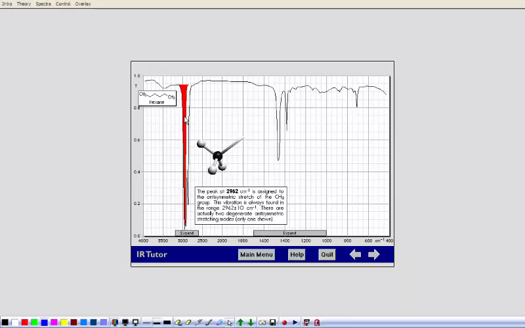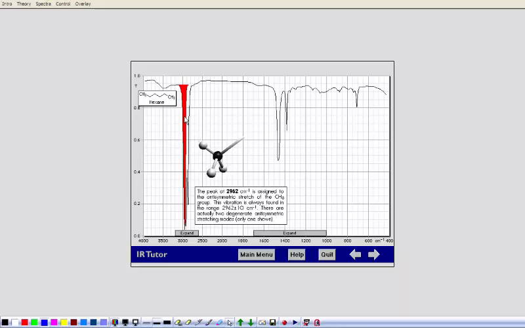So it's going to turn out that 3,000 wave numbers is the dividing line between aliphatic CH, which means alkane CH, and alkene CH, just above 3,000. And so if the peak is above 3,000, you're going to have double bonds and aromatic rings. If you have peaks below 3,000, then you're going to end up with just alkanes. Now remember, the alkane is the skeleton of an organic molecule.